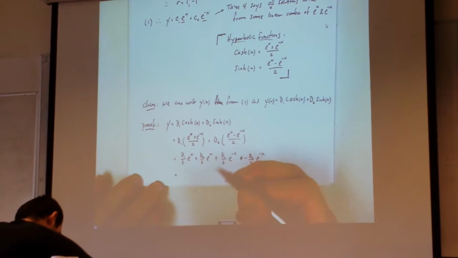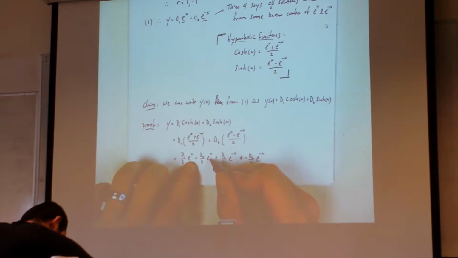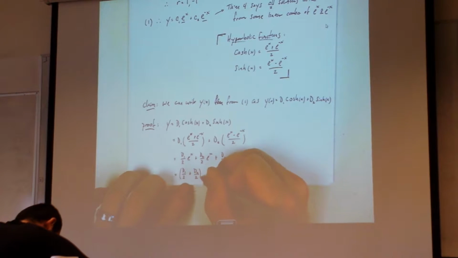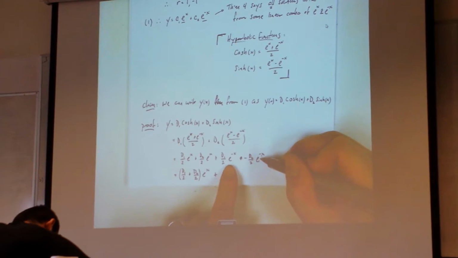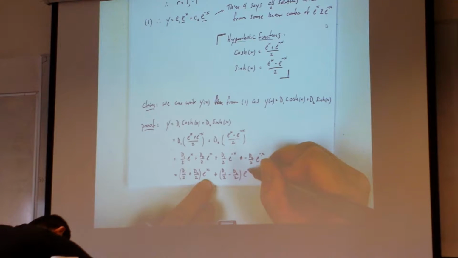So combining like terms, I have d1 over 2 plus d2 over 2 times e to the x, plus d1 over 2 minus d2 over 2 times e to the negative x.